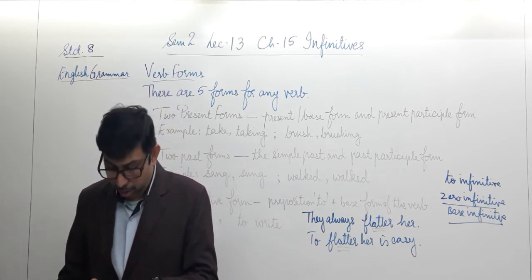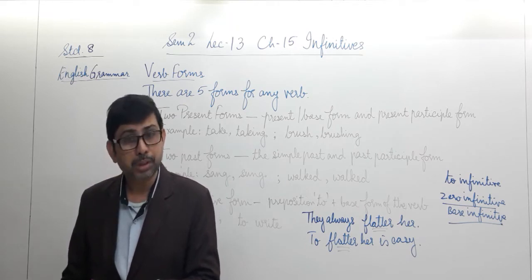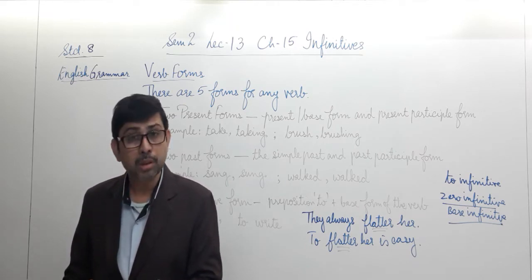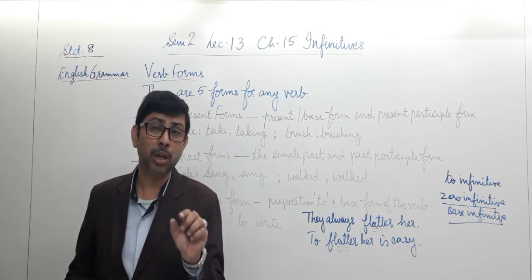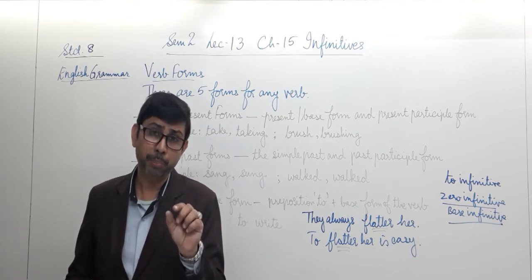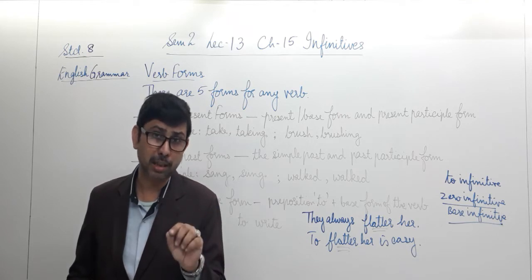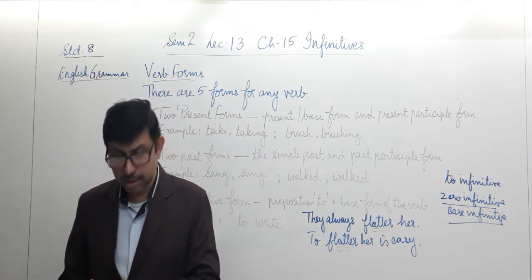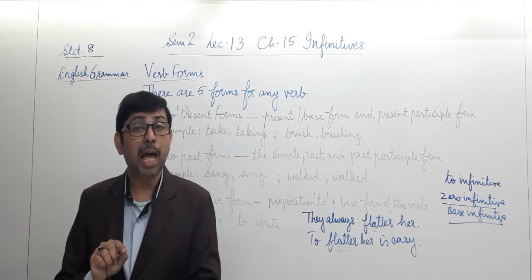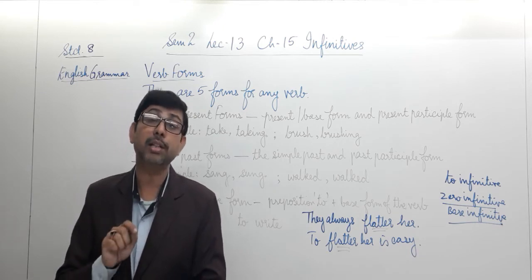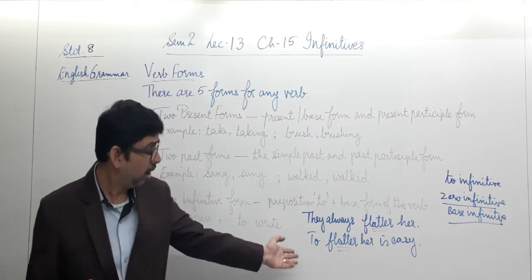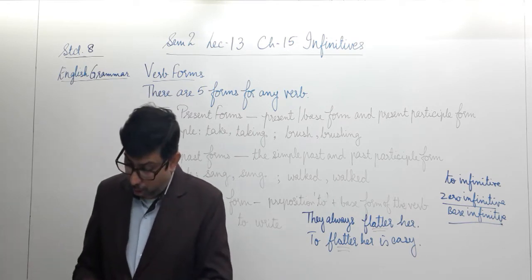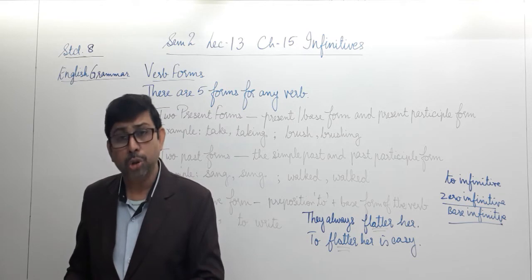As you see, to steal is wrong. Now when I say to steal is wrong, it is the to infinitive used in the beginning of a sentence, with the base form of the verb: to plus steal. To steal is wrong. The verb steal here does not have a subject. On the other hand, if you see, it is wrong to steal.